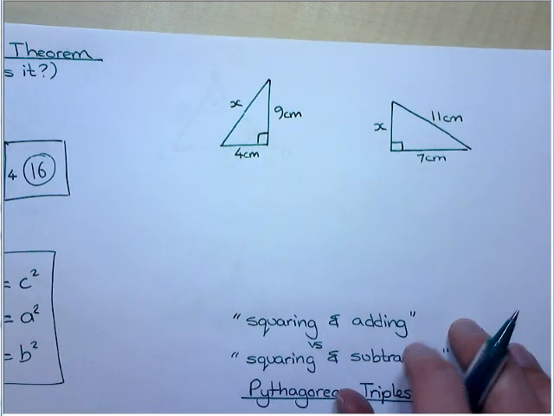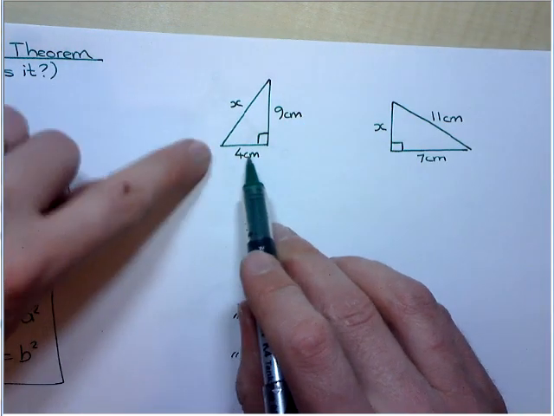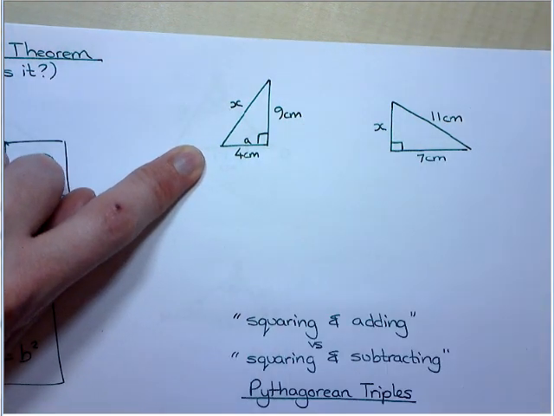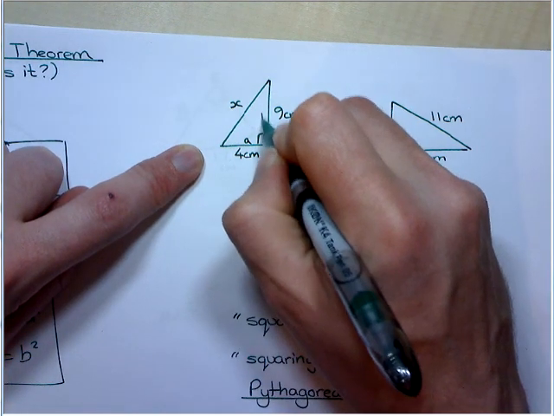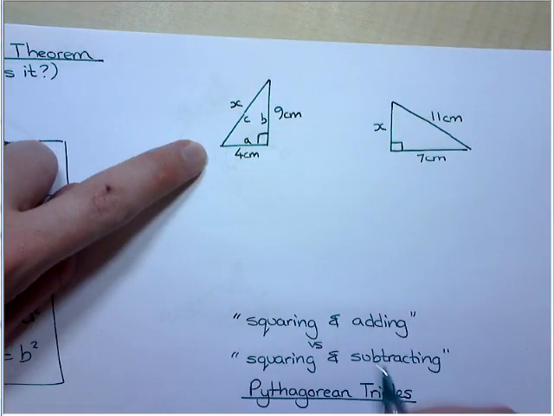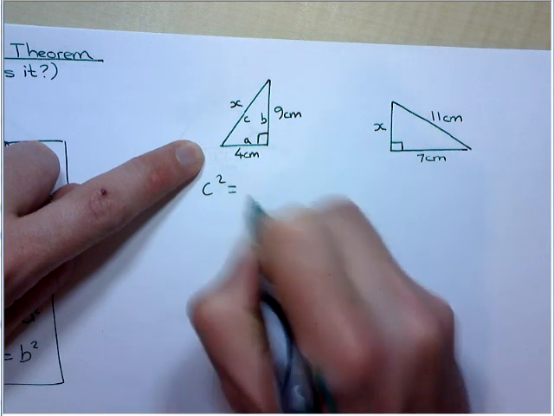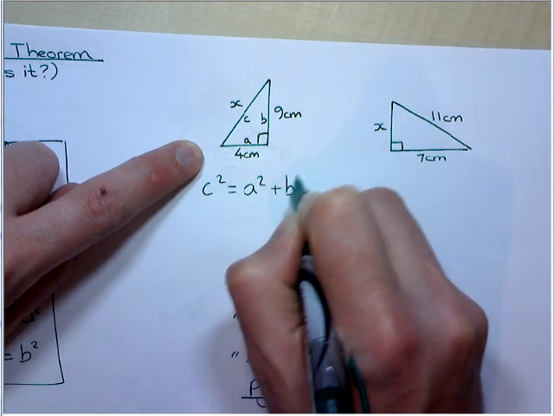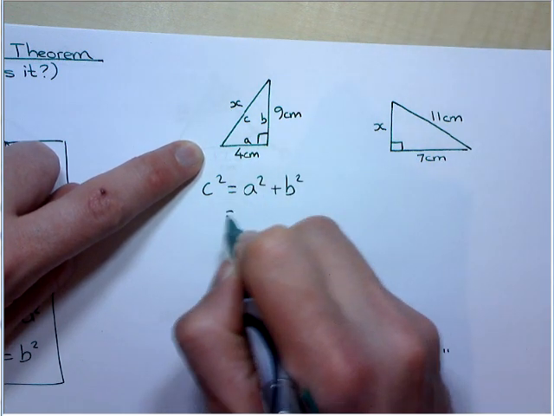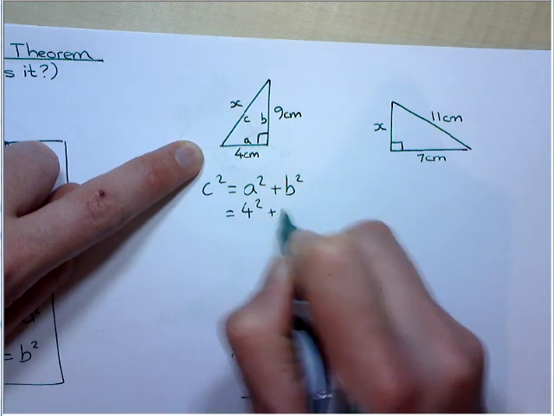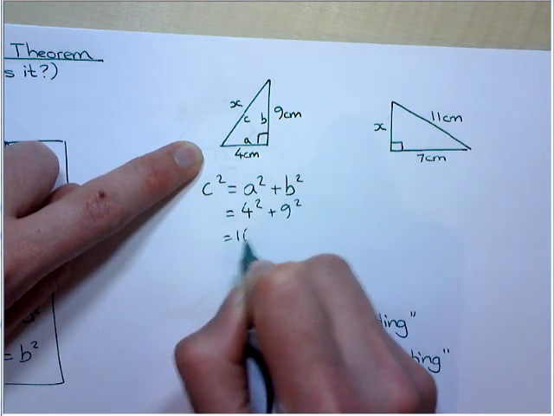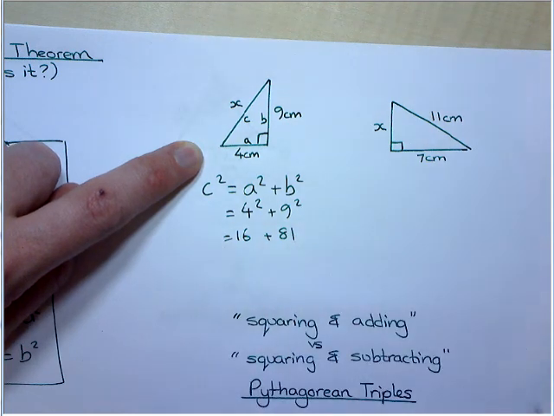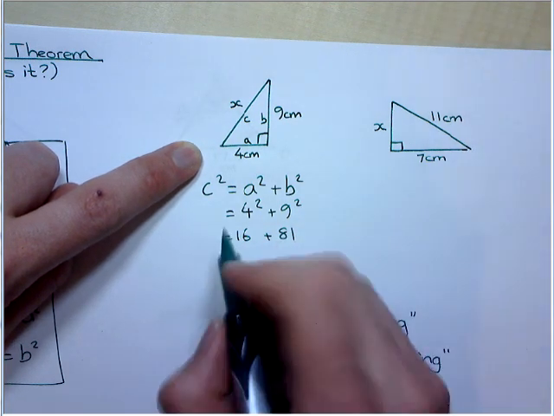So here's two, and here I like to label them A, B and C, and I always go for the smallest one to be A, the next one to be B and C. So we're finding C, so I know the bigger one is the two other ones squared and added. Pop the numbers in now. So 4 squared plus 9 squared, 16 plus 81, and add these. So we have 97.